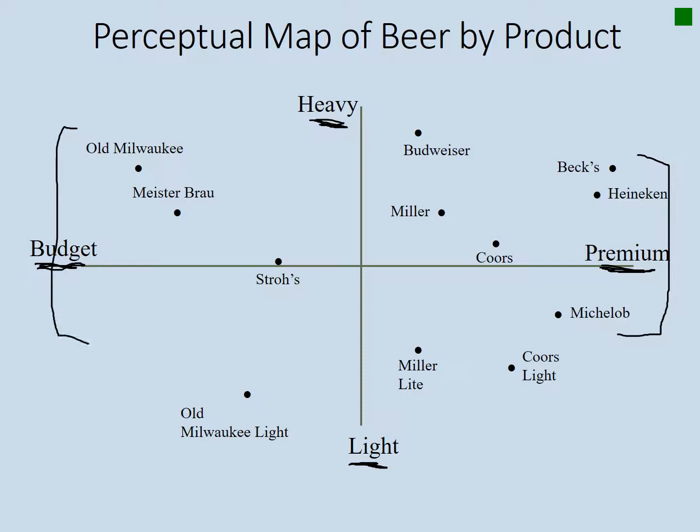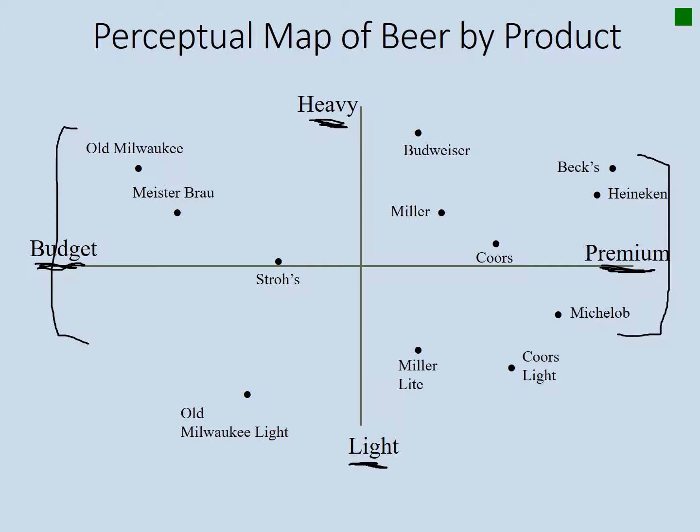Down here we have the volume beers, the budget beers, which will be less expensive. So we have marked where these brands all fall, and the plots here would be a result of market research.